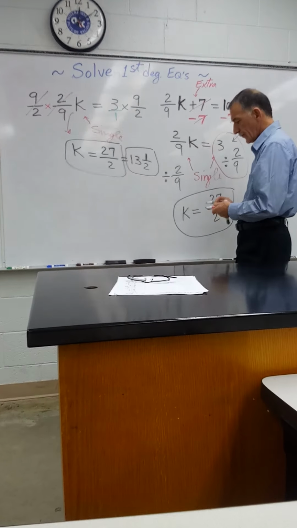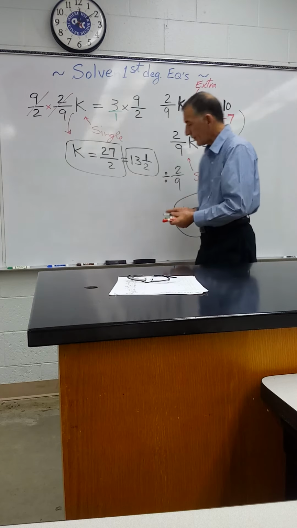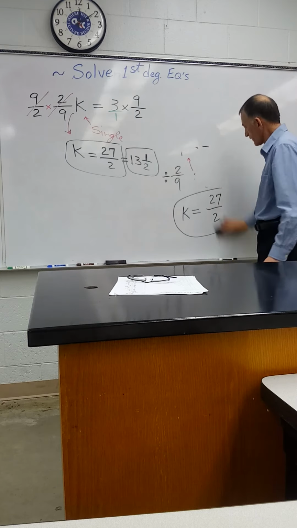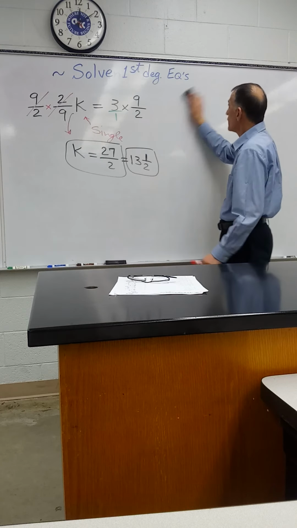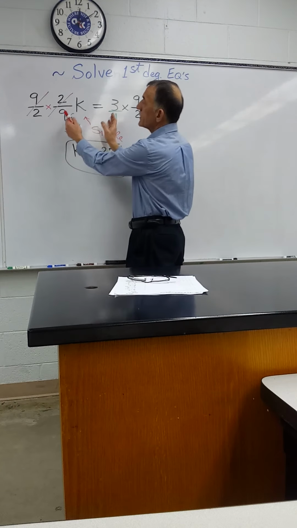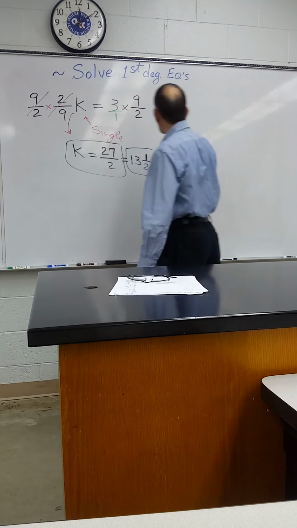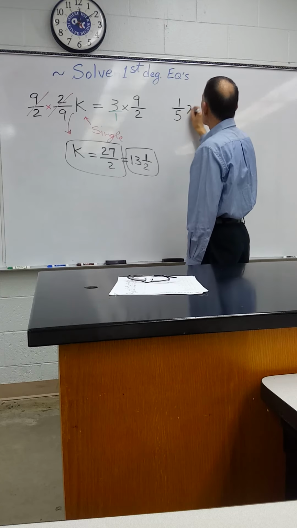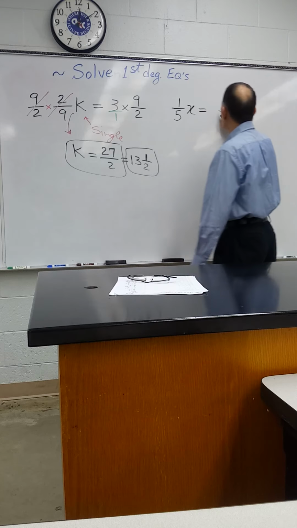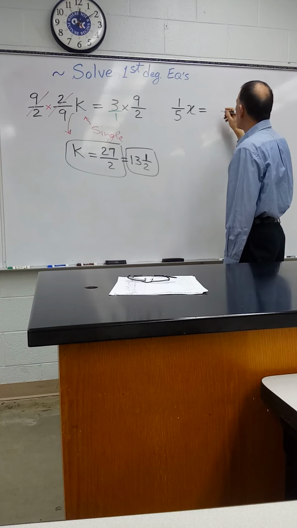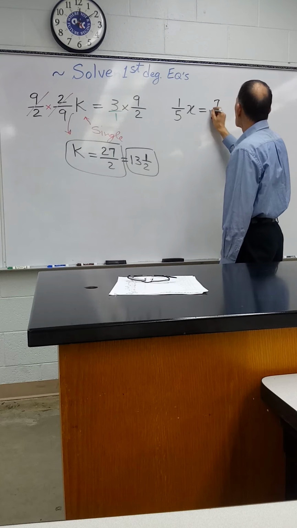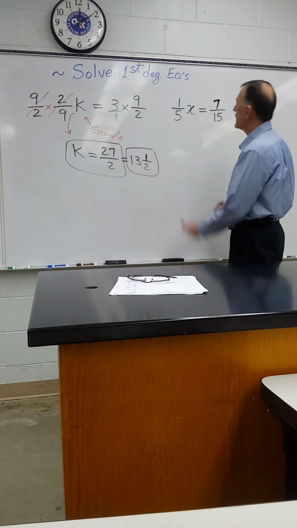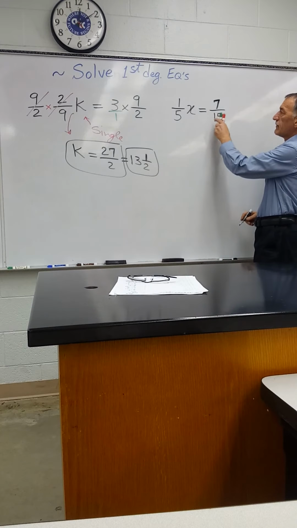I'll show you one. What if we have this situation? But remember, it has to be a single term in order for you to do that. For example, what if I have 1/5 of x equal to 7/15? Okay, so I have 1/5 of x equal to 7/15.